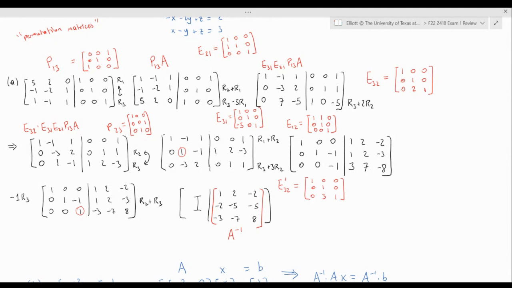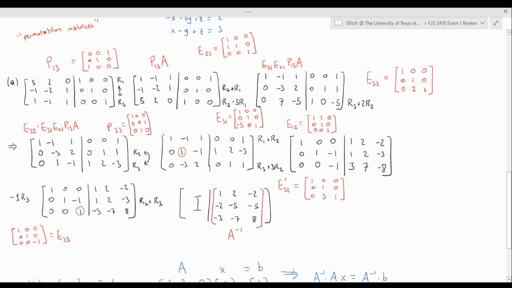There's 2 more that we did. So -1 times row 3. Take the identity matrix and multiply the third row by -1. That would be the corresponding elementary matrix, okay? I don't really know what you guys might call it.